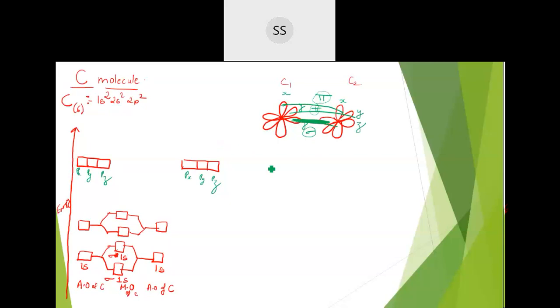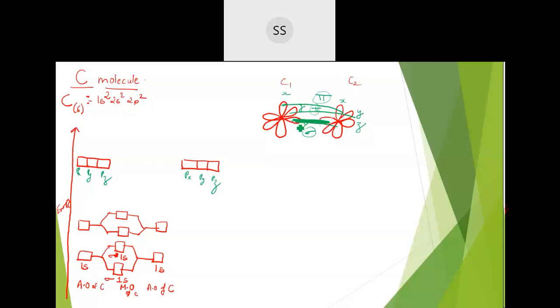Now which one, according to you, should have a lower energy, whether the sigma should have lower energy or pi should have the lower energy? When this bond formation takes place, this orbital overlapping like this, sigma bond is formed and pi bond is formed.